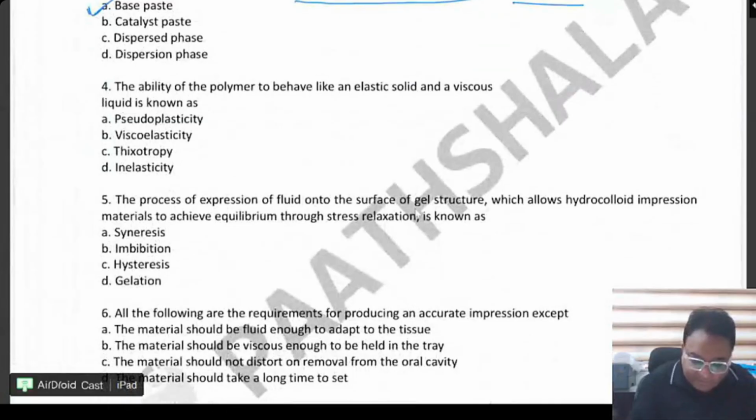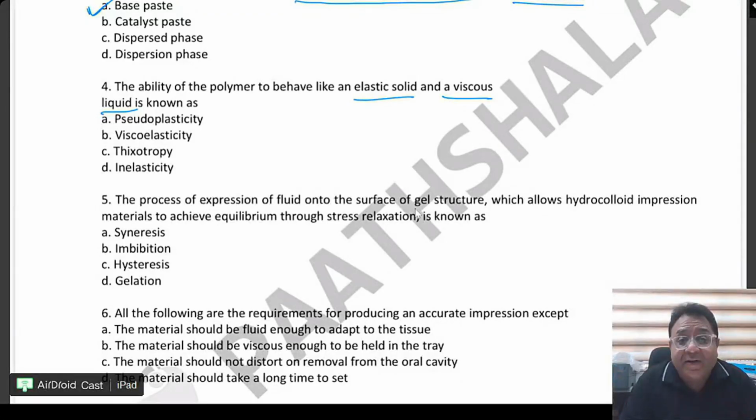The ability of the polymer to behave like an elastic solid and a viscous liquid. Elastic solid means it is solid but it is elastic. Elastic, I told you, is stretchable, not permanent. And plastic is permanent, not stretchable. This is known as viscoelastic.